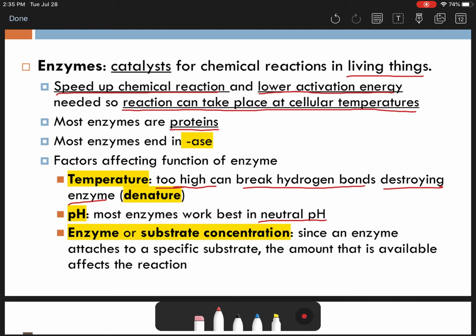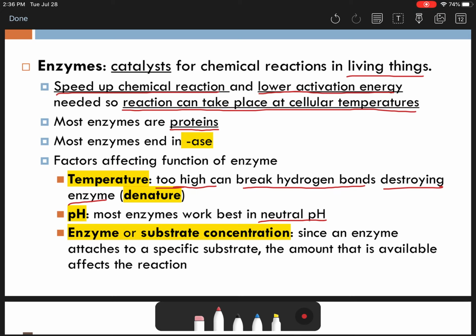Well, you also have hydrochloric acid in your stomach, which is very, very acidic, very low pH, like around a 2 or a 3. That actually helps activate the pepsin, that enzyme, to help break down your proteins. Interesting, but most enzymes work better at a neutral pH, closer to a 7.